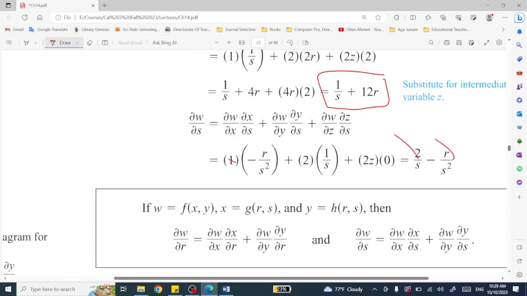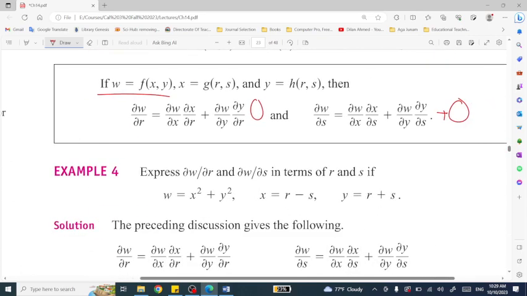Good. In case your W is only XY, and here is R and S, we are just going to remove the Z part. Am I right? Good. For example, we have partial W by partial X, again and again. So how do we do it?